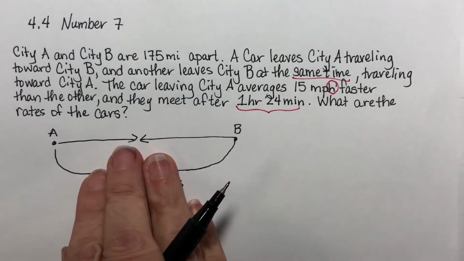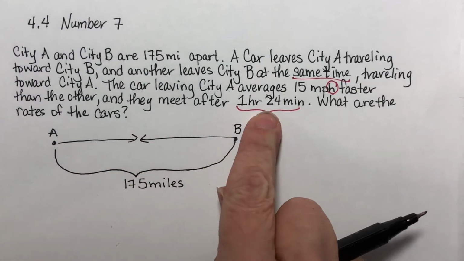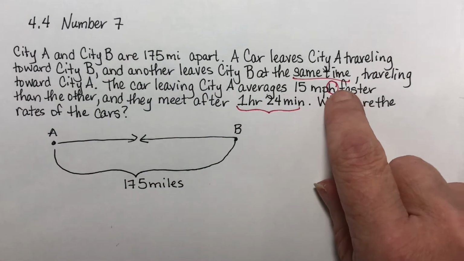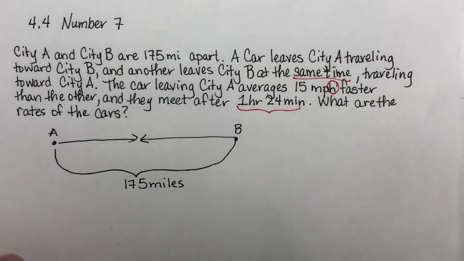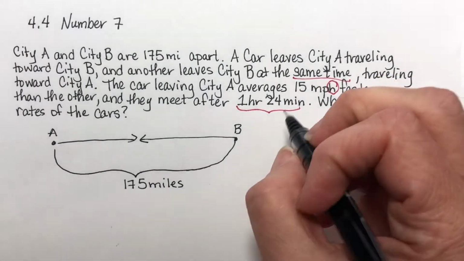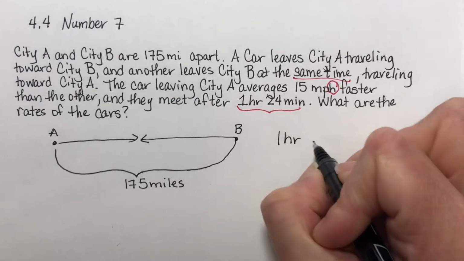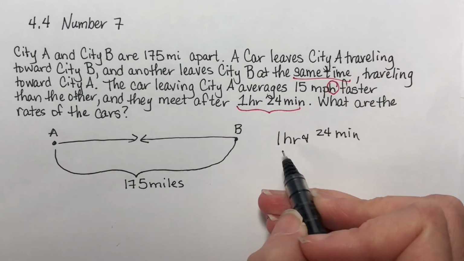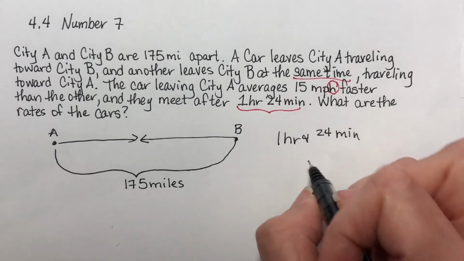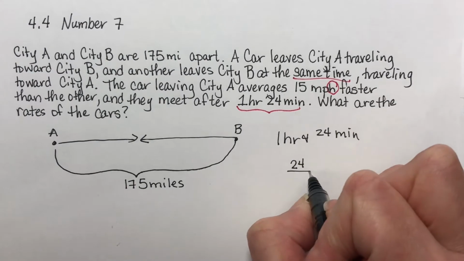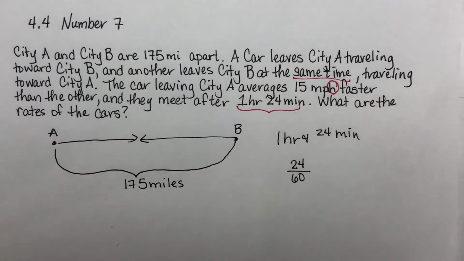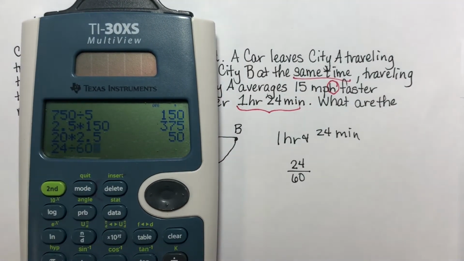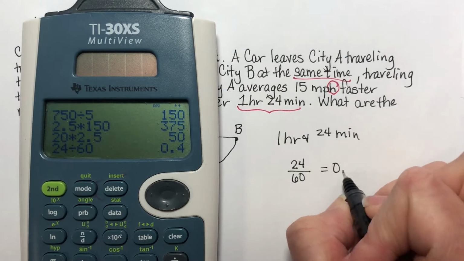I need to match my units. So before I even start filling out the rest of my picture, what I'm going to do is take this. It is easier to convert minutes into hours than it is to turn miles per hour into miles per minute. So if I have 1 hour and 24 minutes, 1 hour, I'm going to convert this 24 minutes. That's 24 minutes out of 60 minutes, which means if I take 24 and divide it by 60, what I get is 0.4.